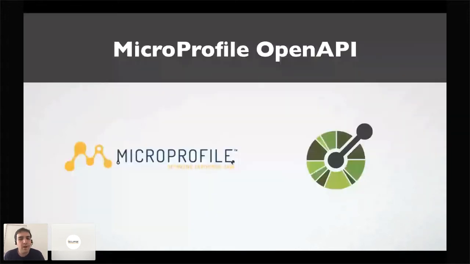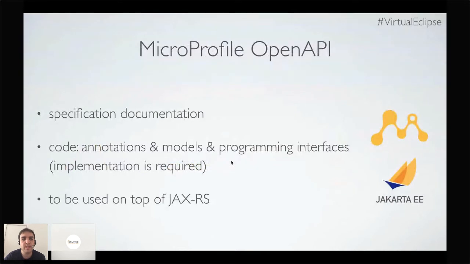So now, what is MicroProfile, and what is the OpenAPI project inside this MicroProfile galaxy of frameworks? The idea is that in the Jakarta EE, or Java EE, world we have JAX-RS to write REST endpoints.